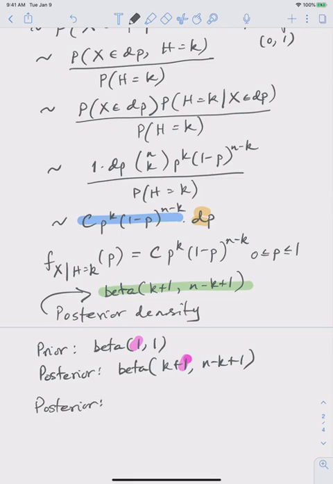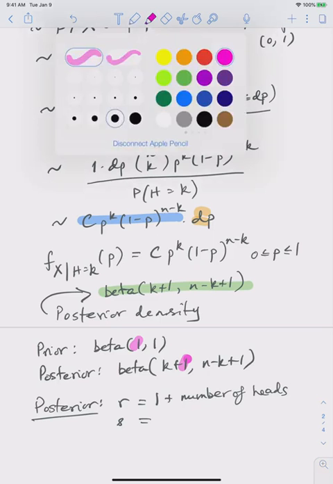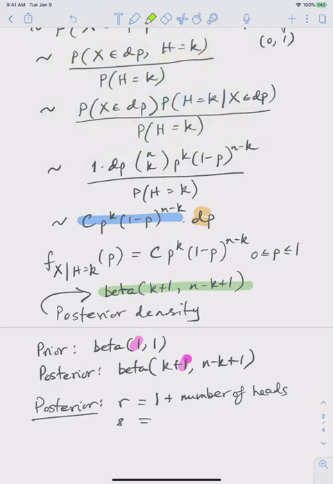And for the posterior r, I have my original 1 plus the number of heads. And for the posterior s, I have my original 1 plus the number of tails.